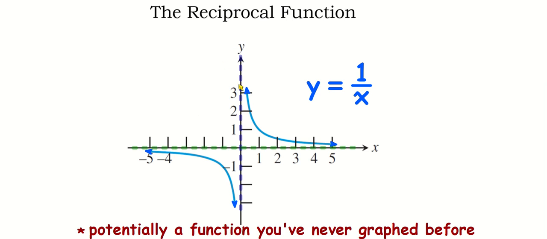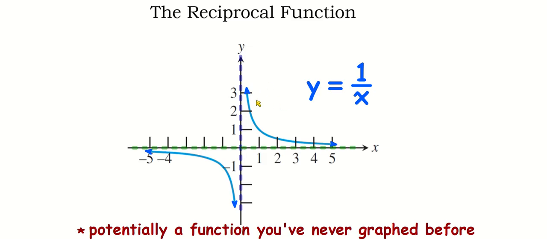There's a vertical asymptote here, and if you investigated that, for example, what's happening when you plug in 0.9 for x? What's happening when you plug in 0.5? What's happening when you plug in 0.1 or 0.01 or 0.0001 or 0.00000001?